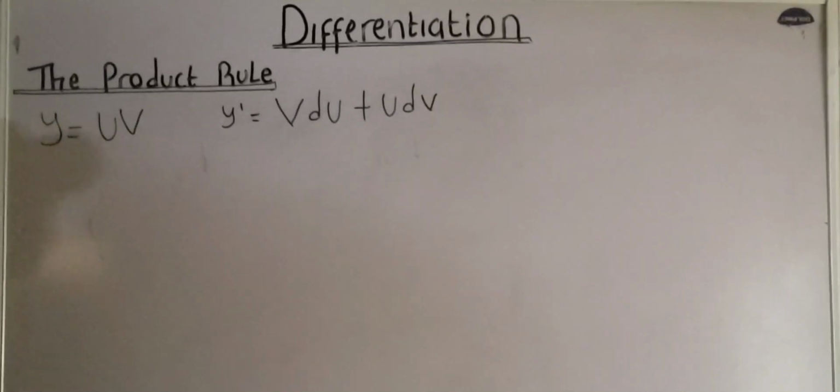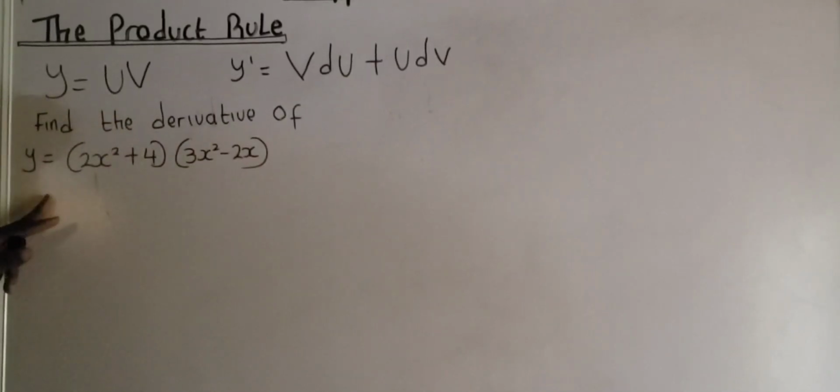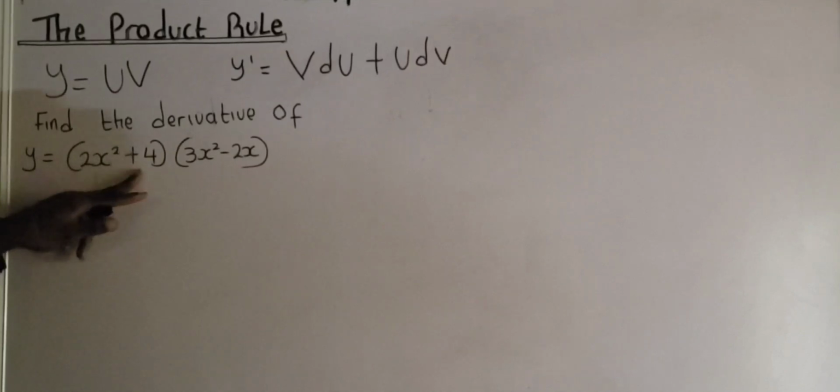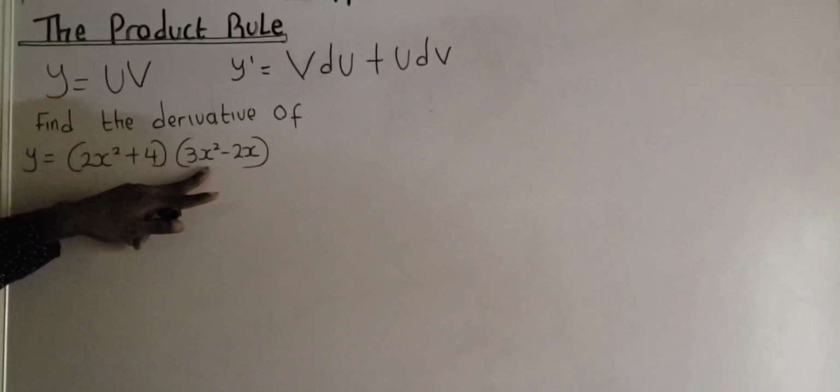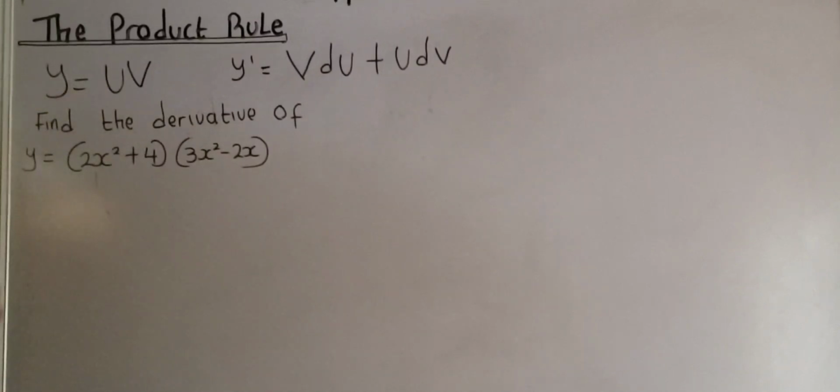Do you understand? Now let's look at a typical example. Find the derivative of y is equals to 2x squared plus 4 multiplied by 3x squared minus 2x. Considering this question, you can see that this function has two parts. The first part is what?